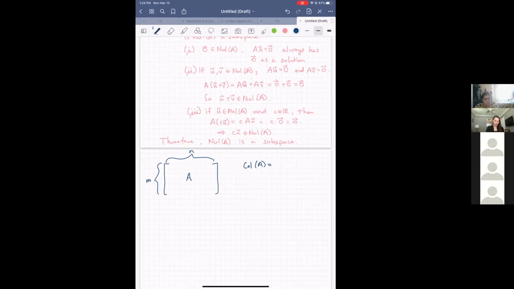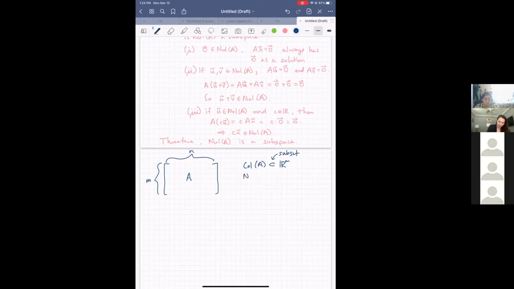Just picturing a column right here, it will have M entries because there are M rows. So the column space of A is a subset of Rm. This is how I write subset. It's just contained inside of Rm.